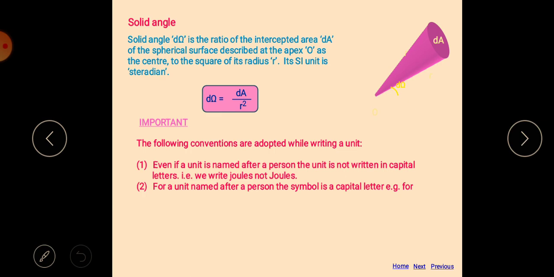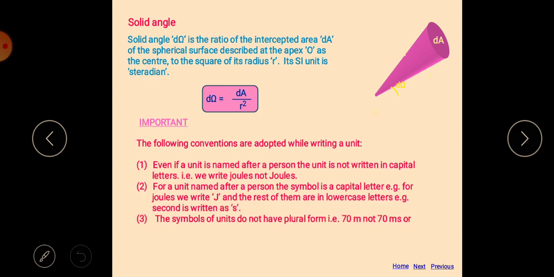For a unit named after a person, the symbol is a capital letter. For example, joule, we write J, and the rest of them are in lowercase letters, for example second is s. The symbols of units do not have plural form, that is 70 m, not 70 ms, or 10 N, not 10 Ns. No plural form is there.